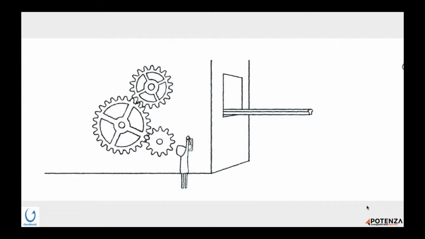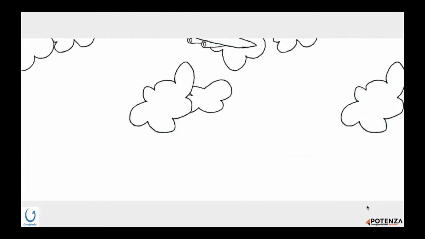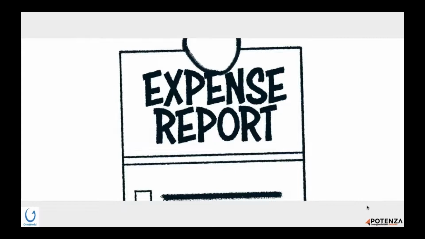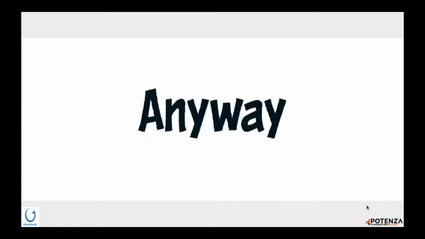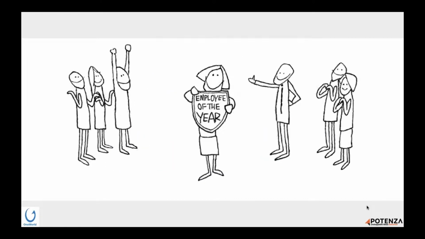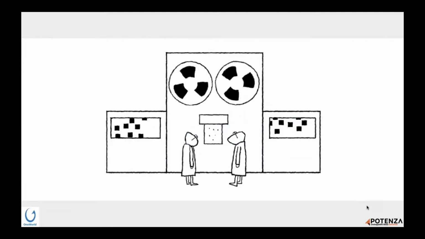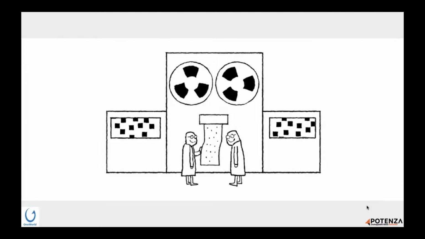So they worked more, built more, created more, and traveled to far-off places. And then someone suggested submitting expense reports for those far-off places. His name was Glenn, and he was a jackass. Anyway, the people kept getting better at work. They built better tools to work more efficiently. They built amazing machines to work faster. They built computers to work smarter.